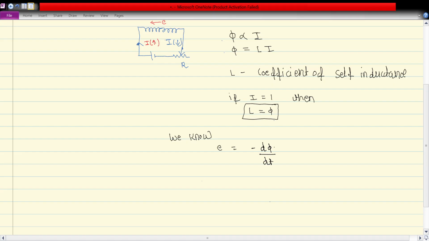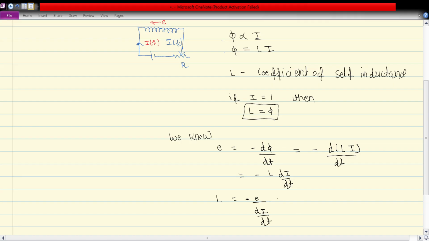From here, phi is equal to L into I, so we can write minus d(L I) upon dt. L is a constant, so we can take it outside. So this is equal to minus L di upon dt. So from here, L is equal to minus E upon di upon dt.